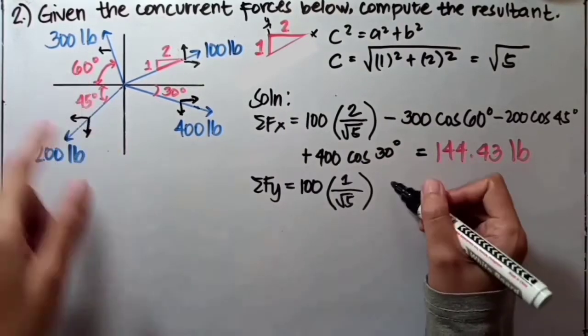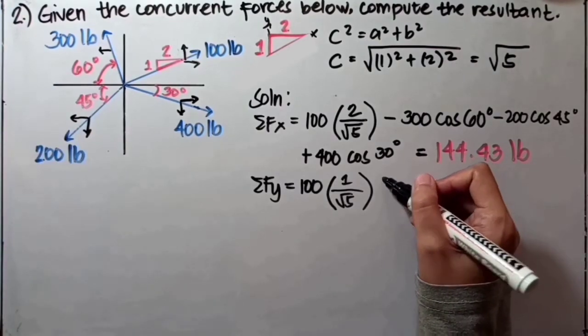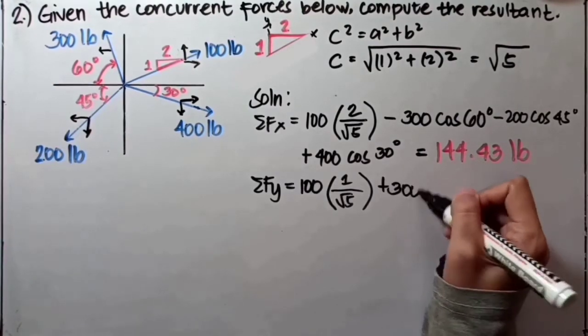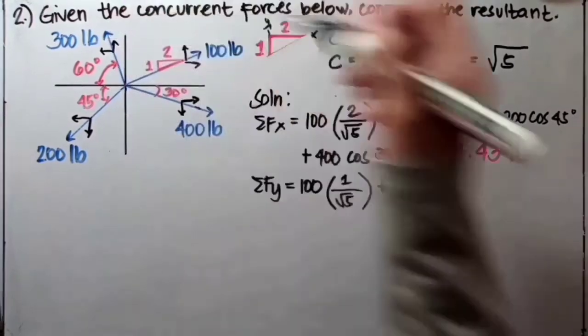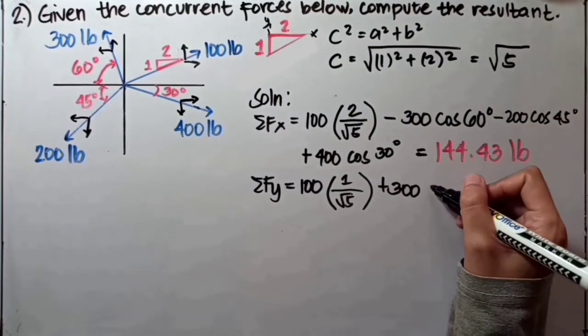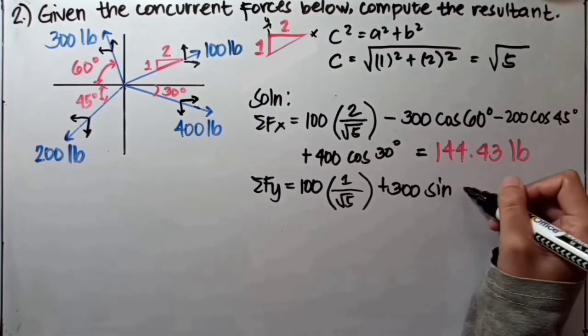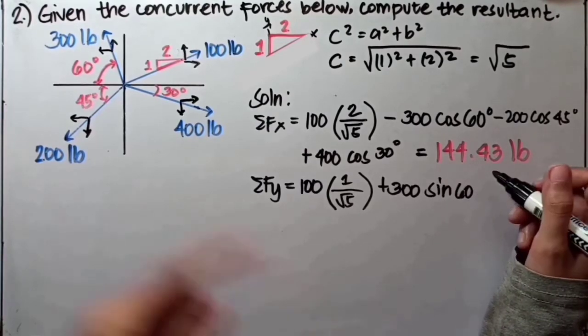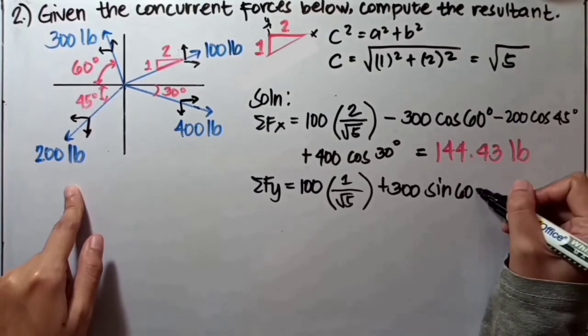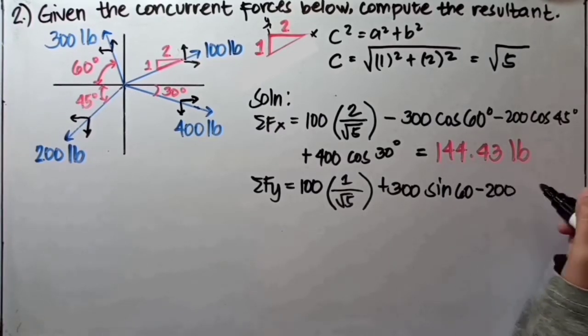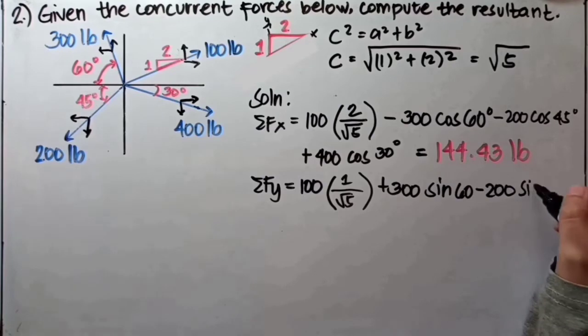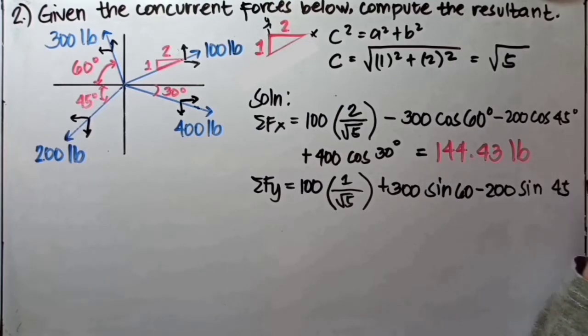And then, next is the 300. Positive ang 300y kasi ang component na y nito is going up. So, positive. So, 300 sine 60. And then, for 200 naman, minus siya kasi going down ang y component. So, 200 sine 45.